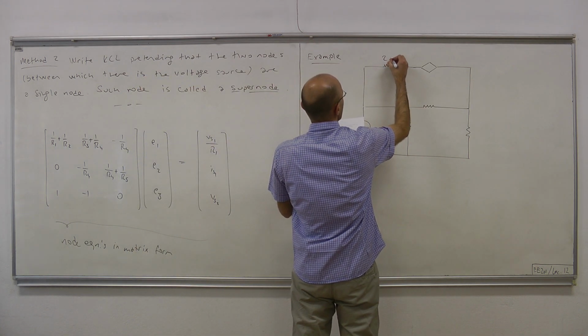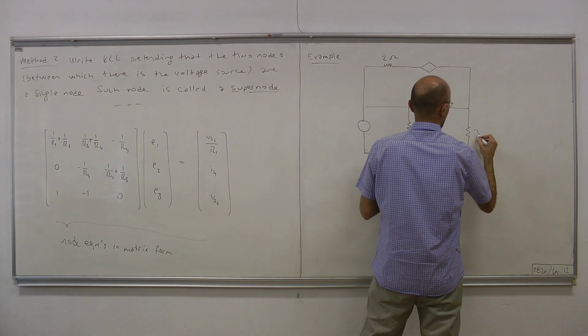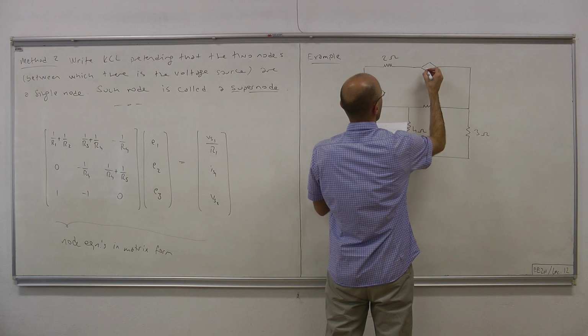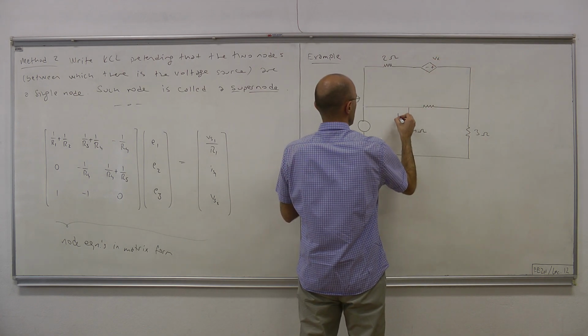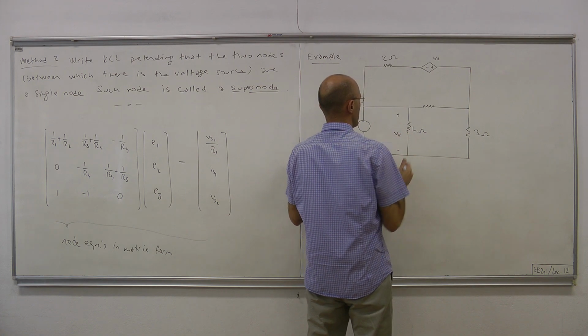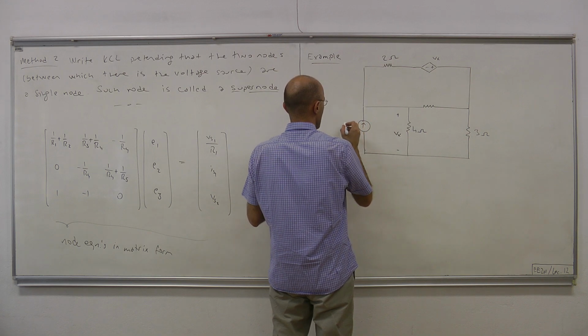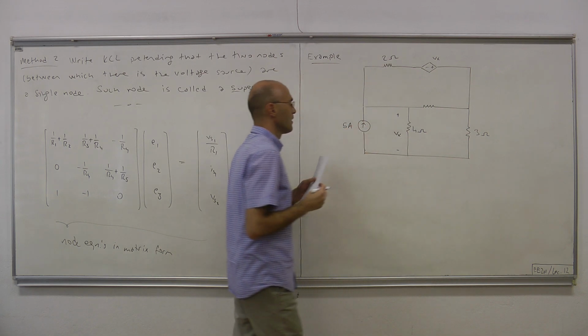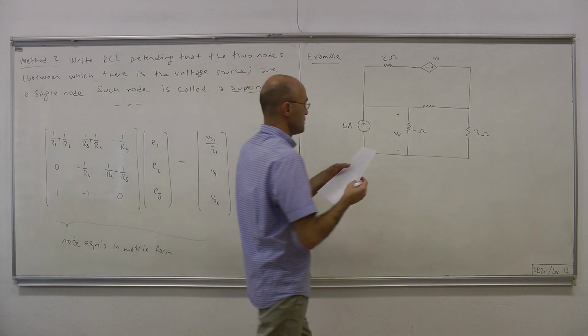The rest are LTI resistors. 4 ohm, 3 ohm, minus plus Vx. This is the control voltage for the dependent source, Vx. And here we have a constant current source, pumping current at 5 amps. Okay. And this is 2 ohm.